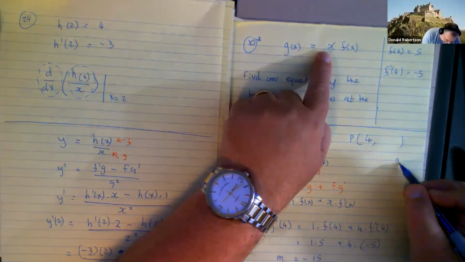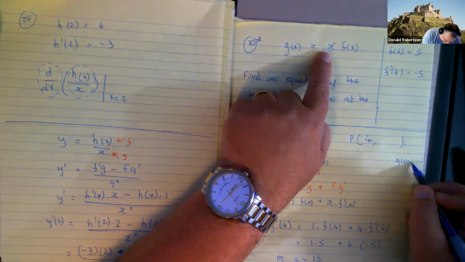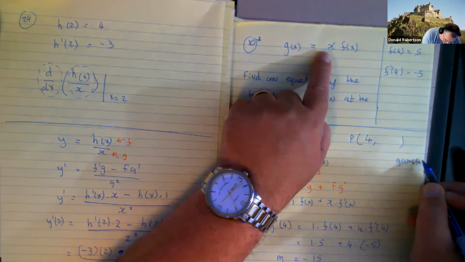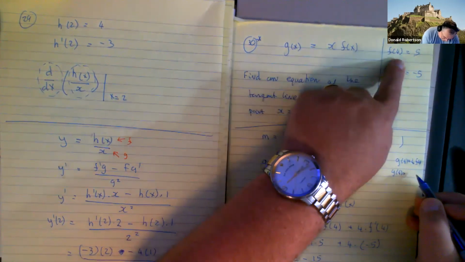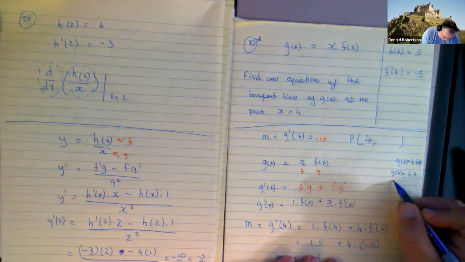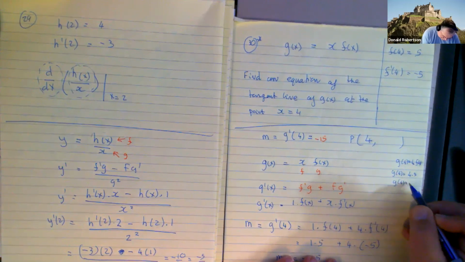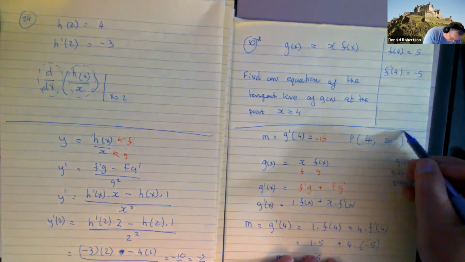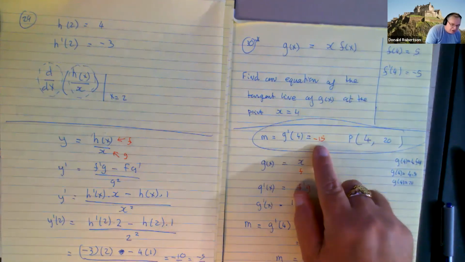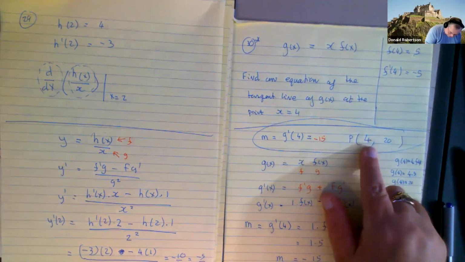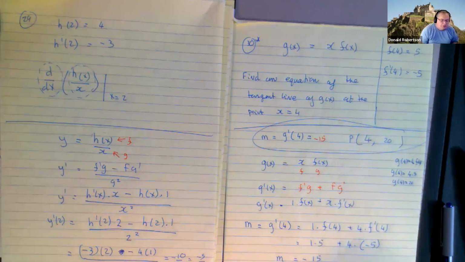Yeah, so g of 4 would be 4 times f of 4. So g of 4 would be 4 times 5. g of 4 would be 20. There, would you agree we've got everything we need? We have a slope of -15 and the coordinates of the point are 4, 20.